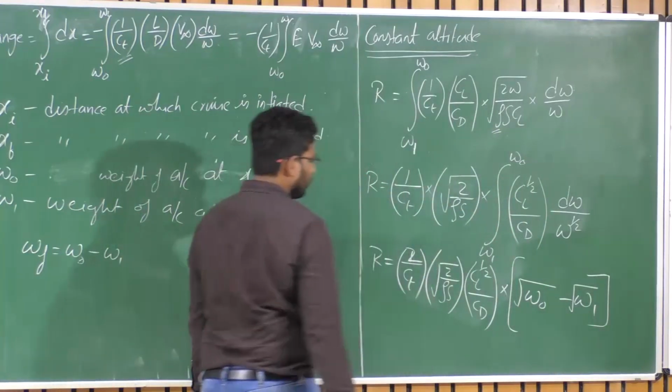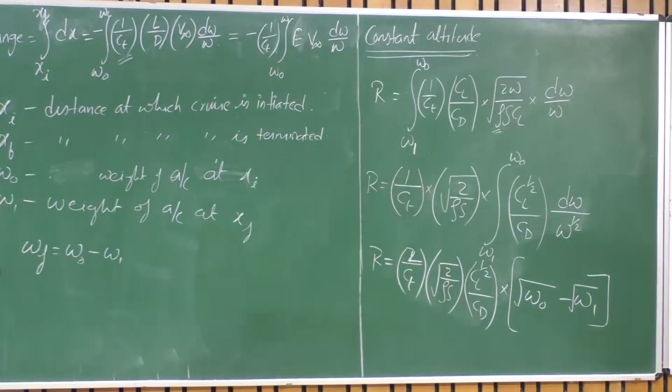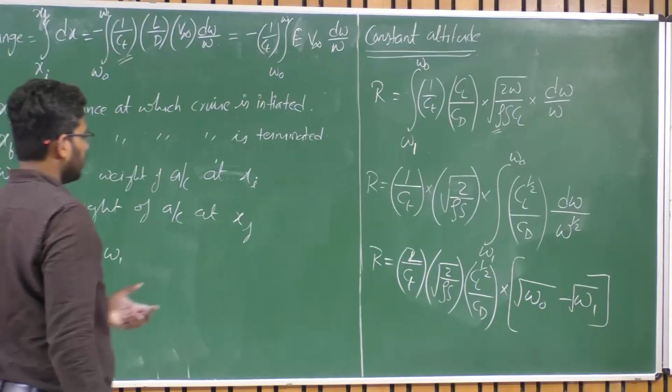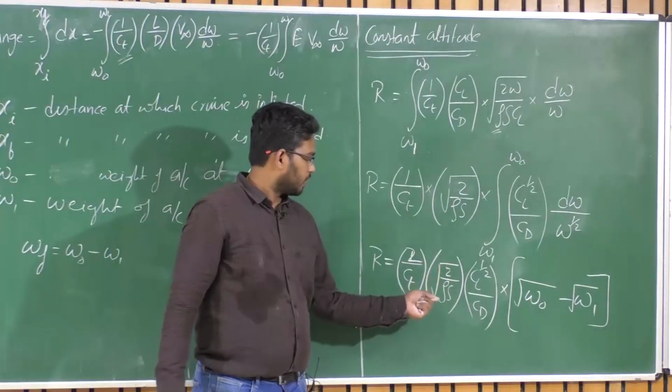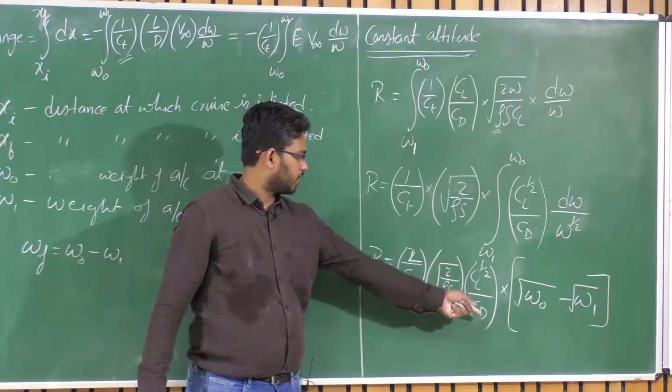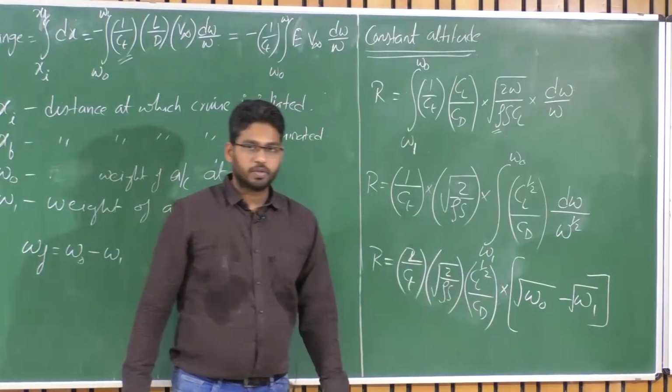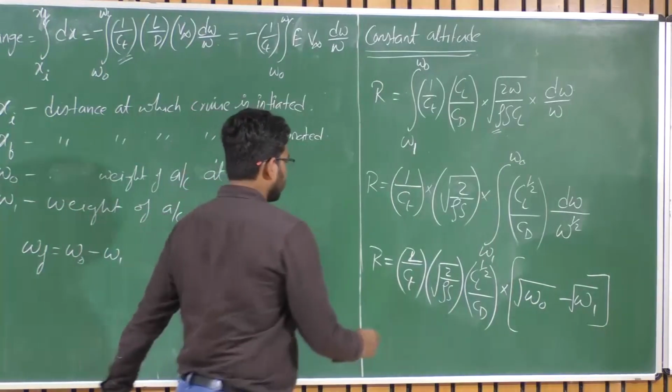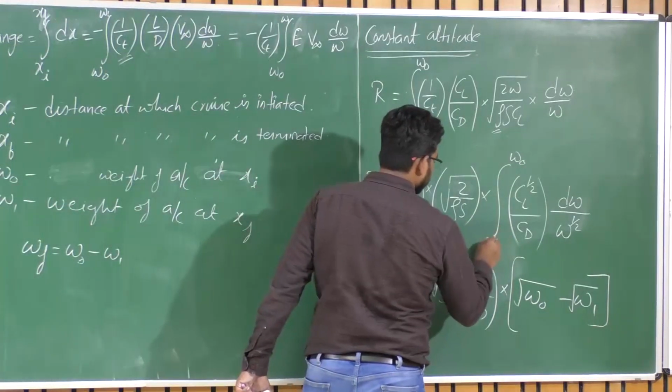That is 2 upon Ct multiplied by root over 2 by rho S, CL power 1 by 2 by CD multiplied by this factor. This is the range for constant altitude.